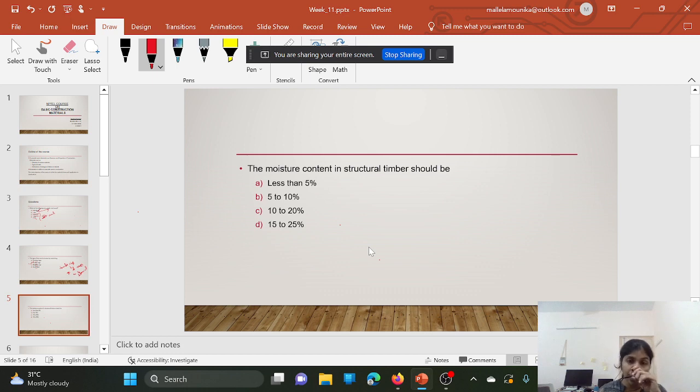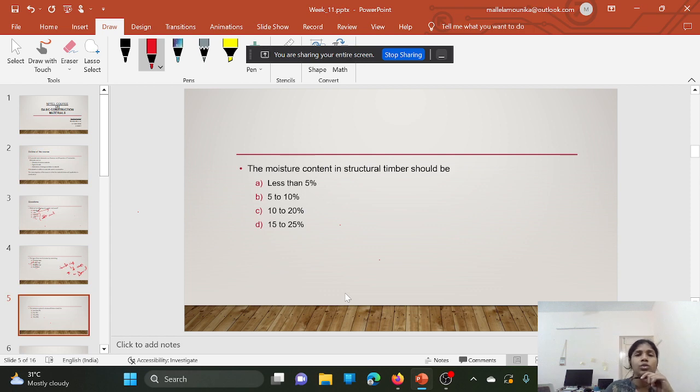If you want to make use of the material as a structural material, then there will be some limitations for the moisture content. The moisture content should not be too high. If the moisture content is too high, the strength aspects have to be compromised.